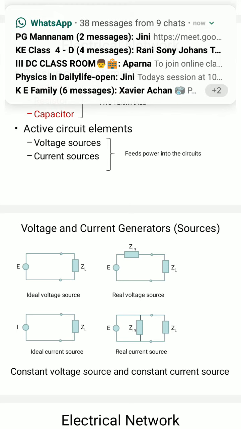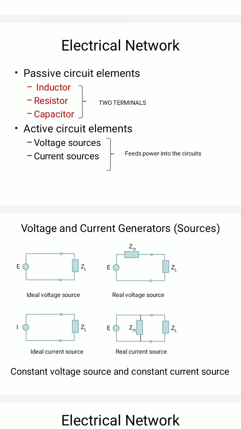But when you consider a current source, in the ideal case there will be a constant current coming out of this current source, and that will be passing through the load resistance ZL.